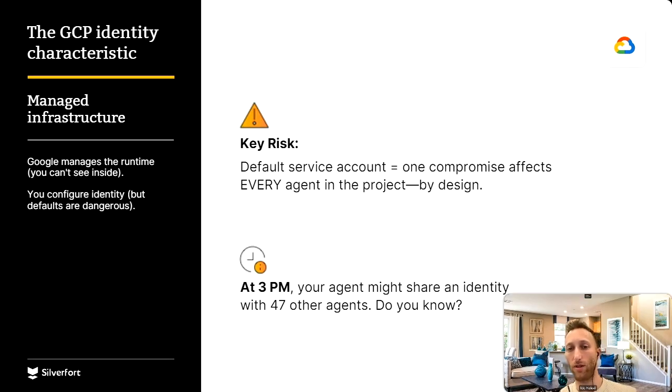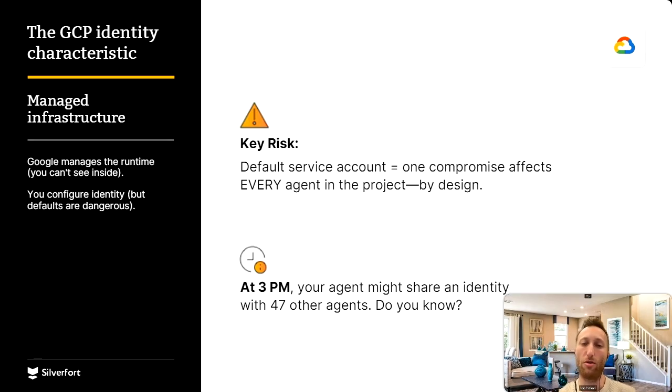So what does GCP actually provide you, right? GCP in a nutshell tries to provide you a managed infrastructure, right? They manage the runtime, okay? And you configure the identity, where the defaults can be dangerous to some extent, right? The trade-off between how custom you want it to be and how much you get out of the box is usually around visibility.